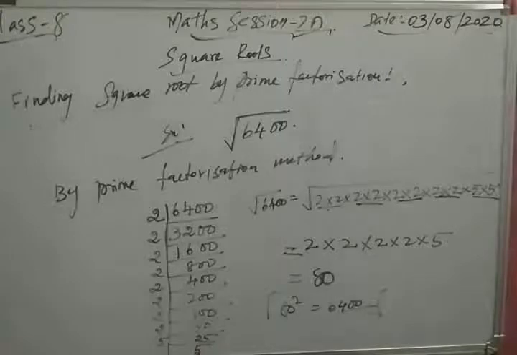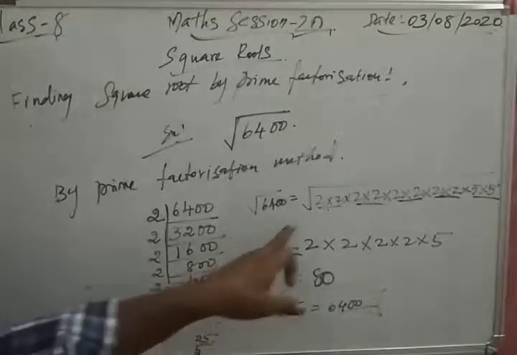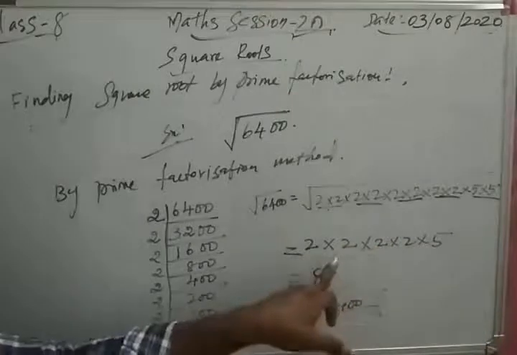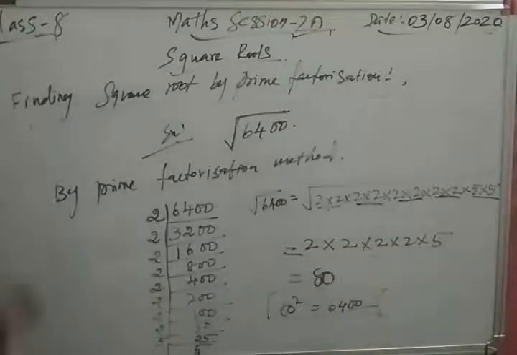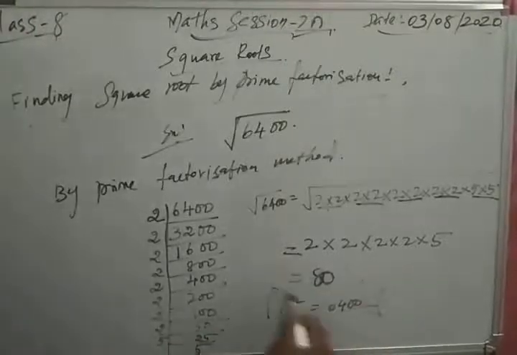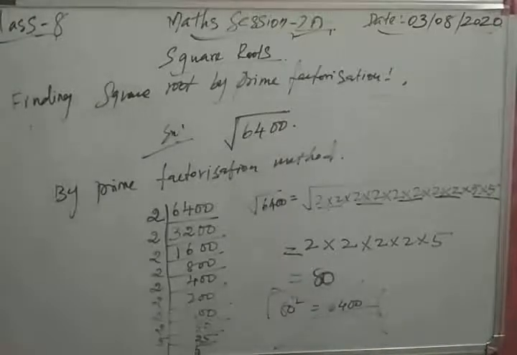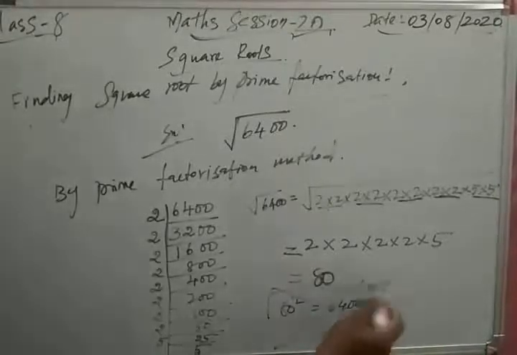It is a division method, done downward, and after getting the values you write all the numbers in the root. Then for each two numbers, we take one number, since it is a square root. Then 80. If you want to check, you can check it, it is not necessary. By this the question is finished.